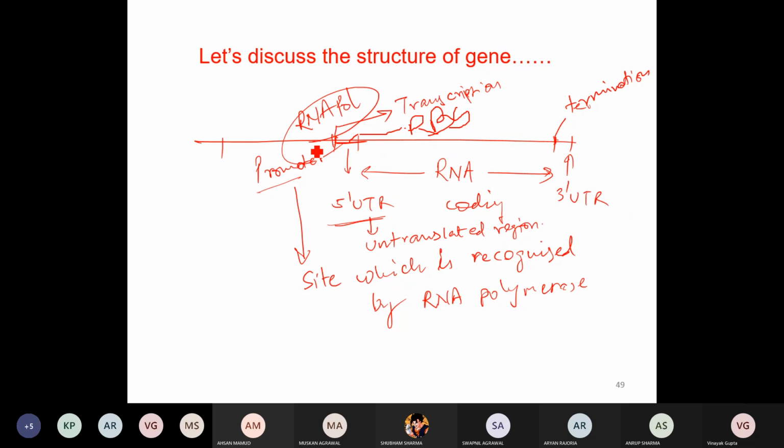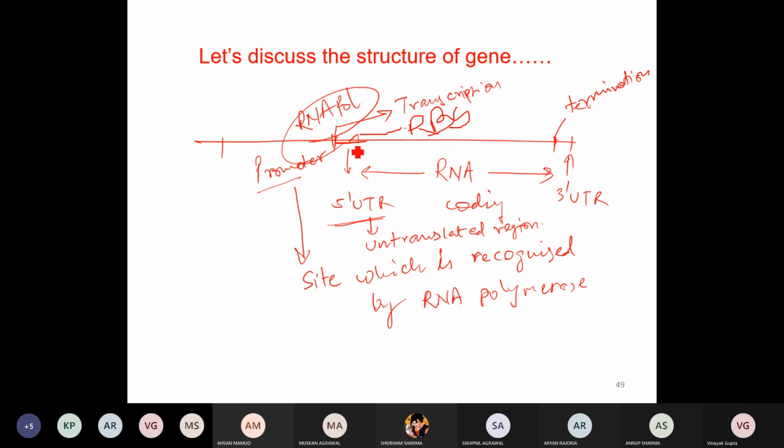So here also a category is there. Let's say in the promoter region, if a mutation is there, that mutation may have such a nature that RNA polymerase can bind, but it cannot bind very efficiently. That means it is decreasing the affinity of the binding here. Same thing for the 5' UTR. The mutation may change the affinity of the ribosome.